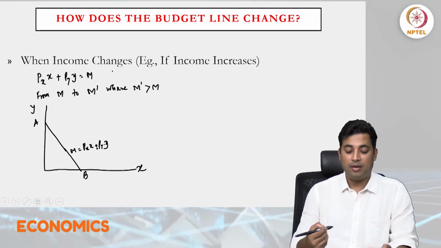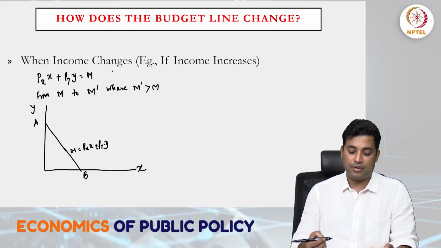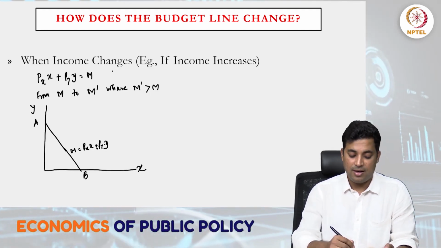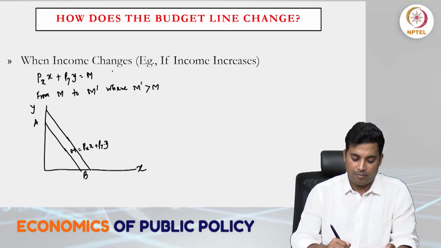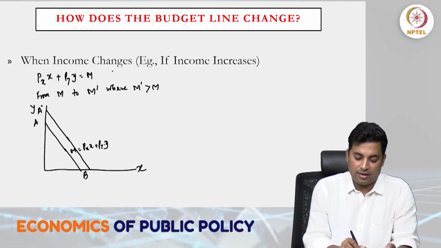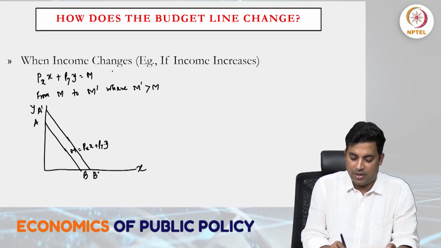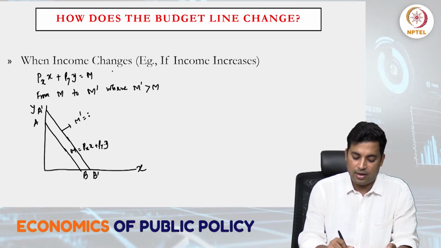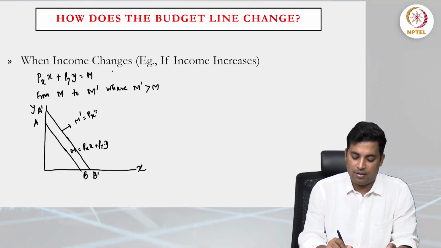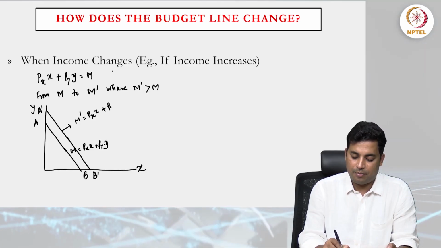So now suddenly income changes and therefore budget line also increases, and then this will shift parallelly, and then we get a new budget line, say a dash b dash, where budget line can again be py y.